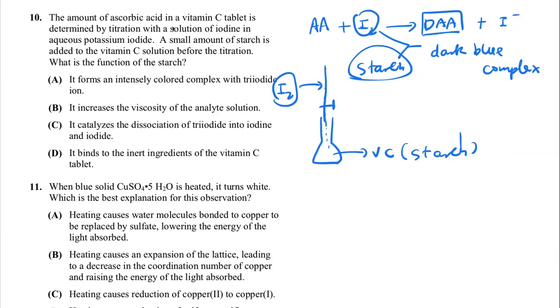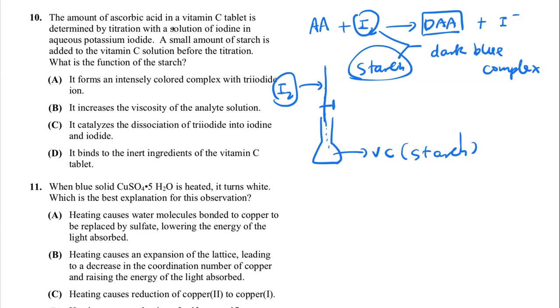So for this titration, should we put the vitamin C solution in the flask or in the burette? Or either way works? I think it should be in the flask because I'm pretty sure that if you put it in the burette, then the indicator would not work.